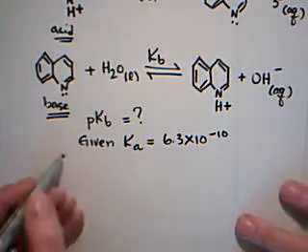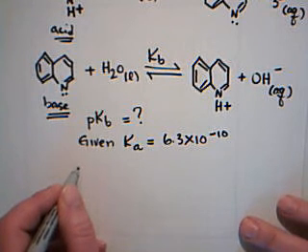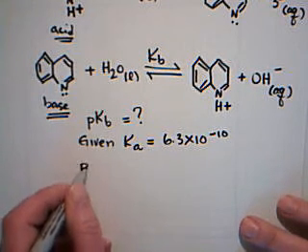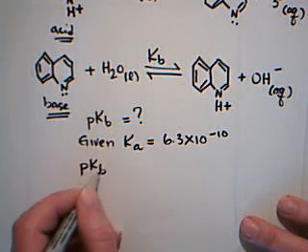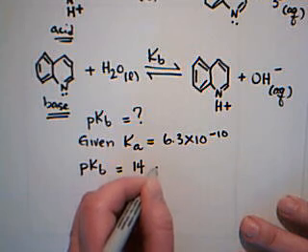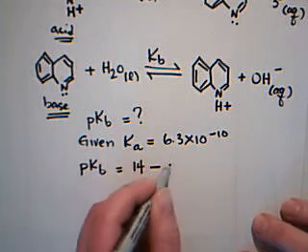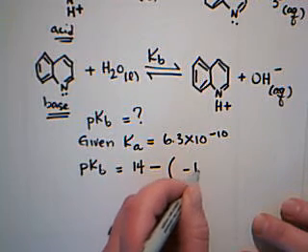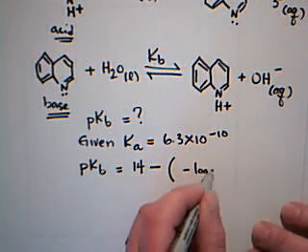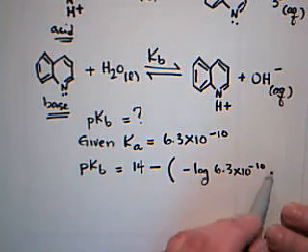So there are at least two ways you could do this. The pKb would be equal to 14 minus the pKa, and the pKa is the negative log of 6.3 times 10 to the minus 10.